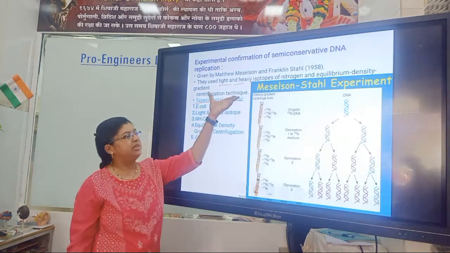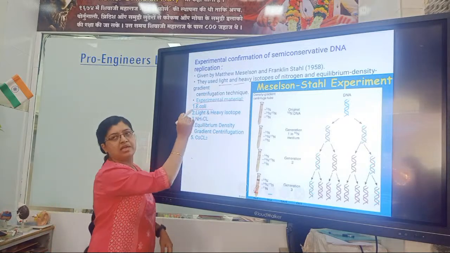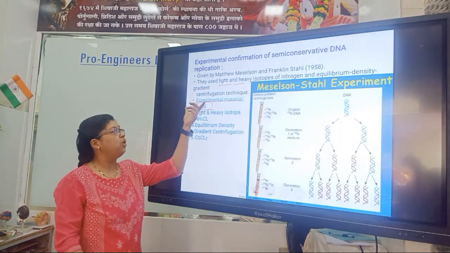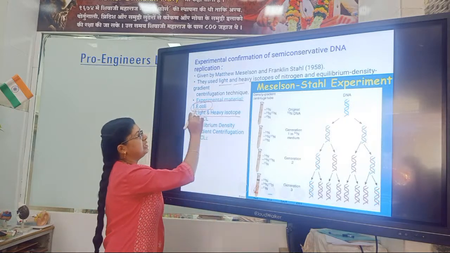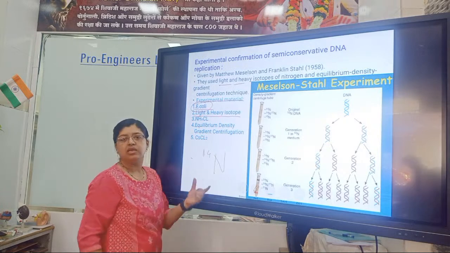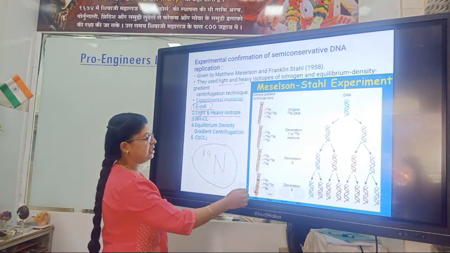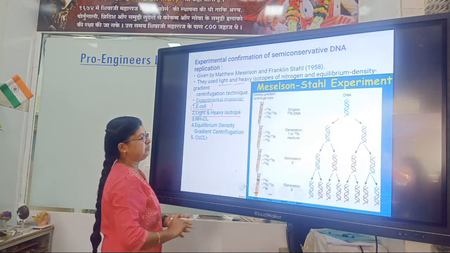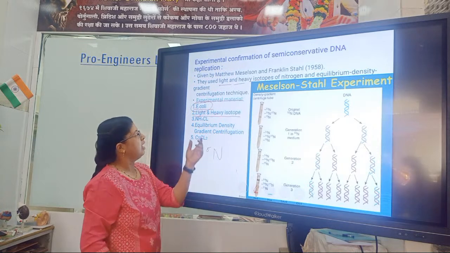Which experimental material was used for this experiment? First, as I already told you, they used E. coli bacteria as a model organism. Then they used light and heavy isotopes. Light means the normal atomic weight of nitrogen, which is 14, and the heavy isotope has an atomic weight of 15.